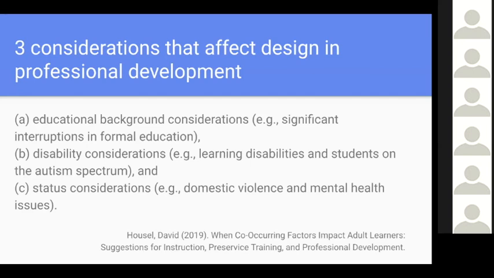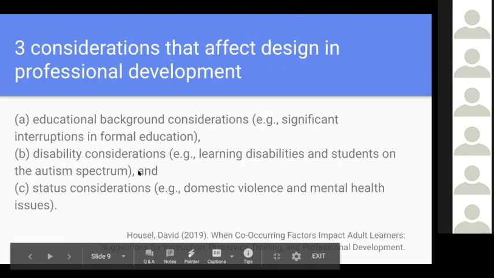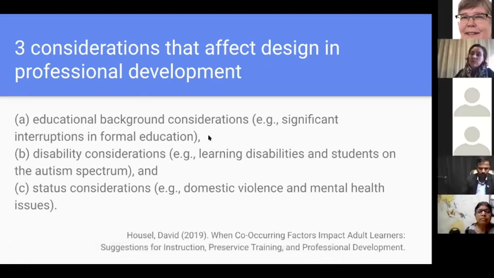Inside of the online courses, what is nice is students have the ability to sometimes not have to be focused on a particular date or deadline. And other courses, they actually still have to do those deadlines. When you're considering some of these background and the disability and the status, sometimes people have to leave a course for a specific reason, but they want to finish and they can come back and finish later.